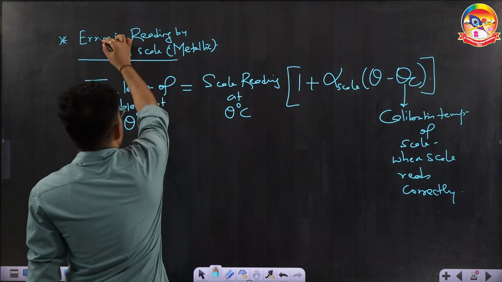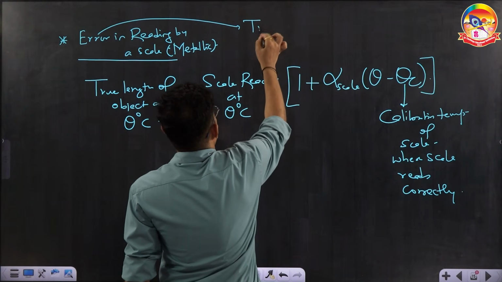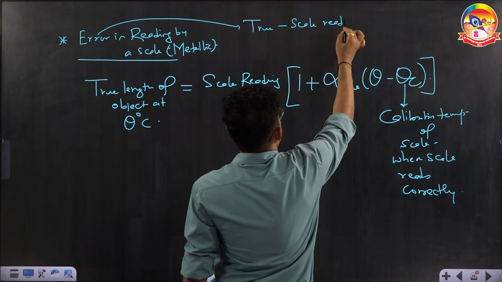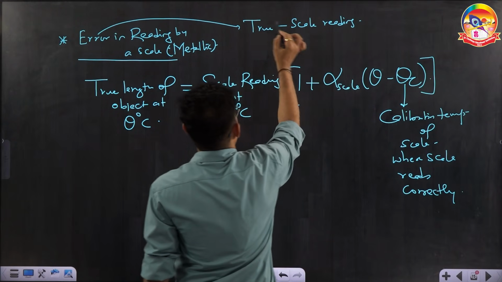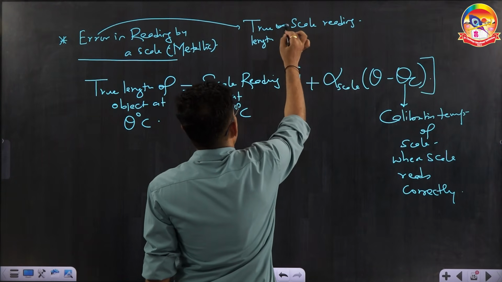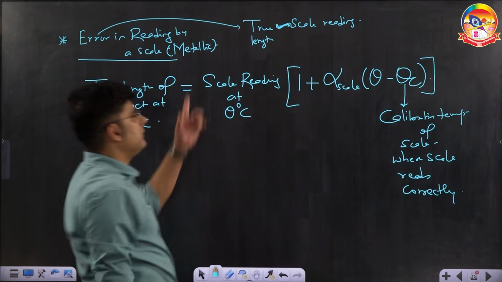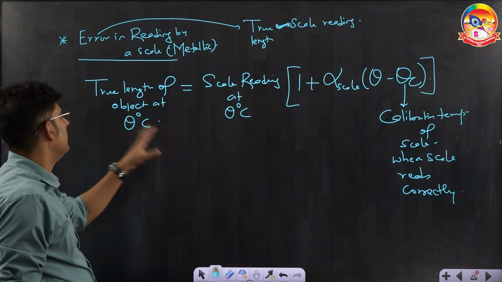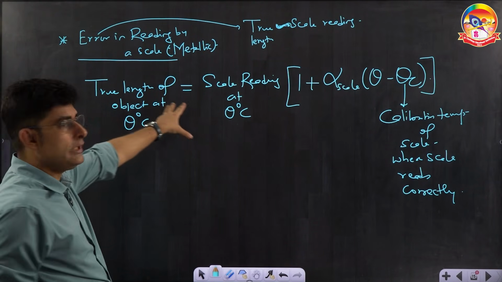So error is nothing but true minus scale reading, the difference. Basically we use a symbol to show difference, whichever is bigger minus smaller, true length minus scale reading or scale reading minus true length. So from here you can use.